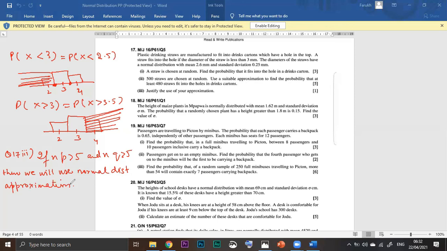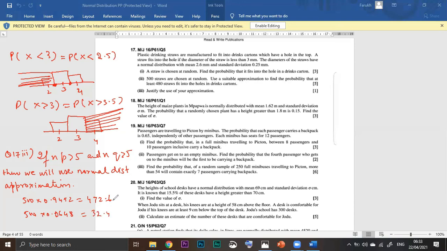Now you can see that np is 500 into 0.9452, which was 472.6, and nq is 500 into 0.0548, which is 27.4.